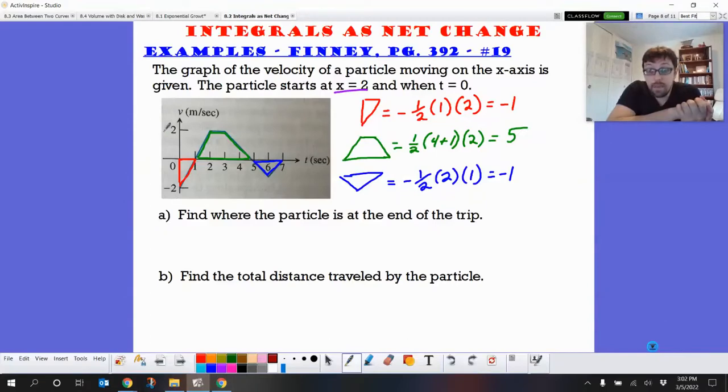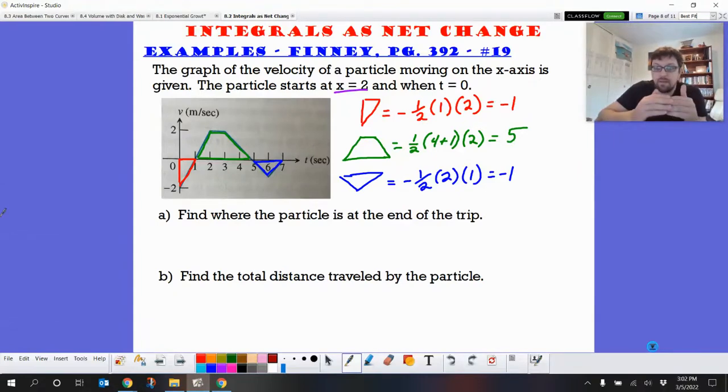All right. In this example, I've already taken the time to figure out what the areas of our different shapes are. We want to figure out where the particle is at the end of the trip. So negatives are going to be negatives and positives are always positive. It was going backwards and then it went forward and then it was going backwards again.